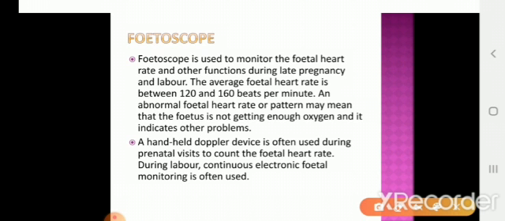And sometimes if there is any abnormality, it will indicate the situation, a panic situation. So an abnormal fetal heart rate or any pattern means that the fetus is not getting oxygen, and it indicates other problems.